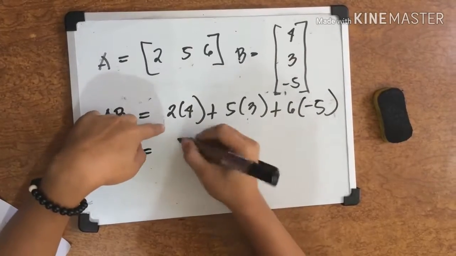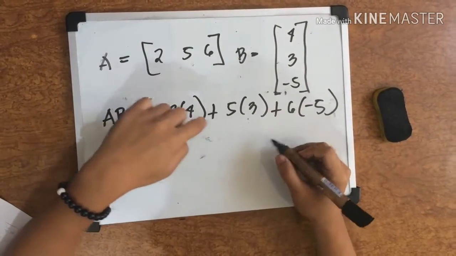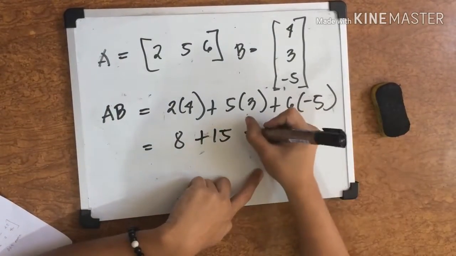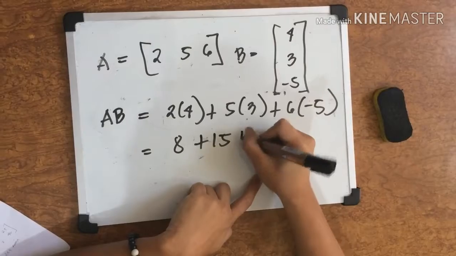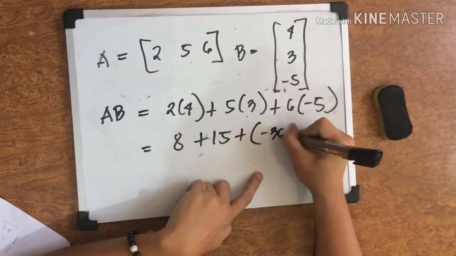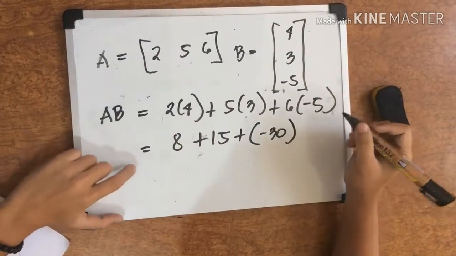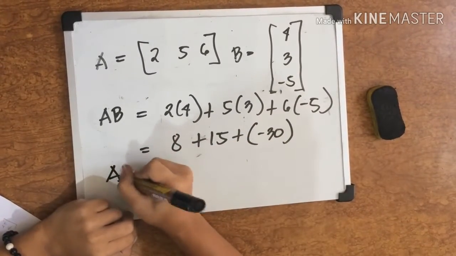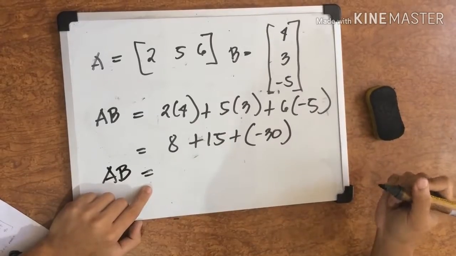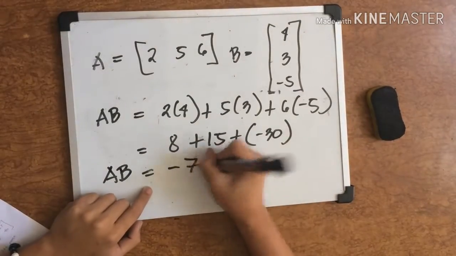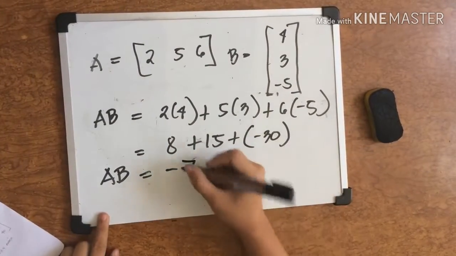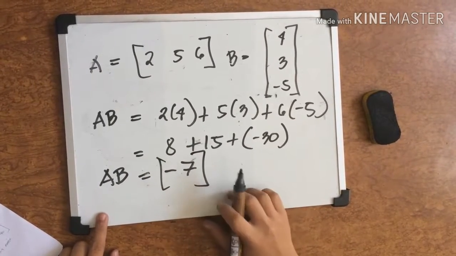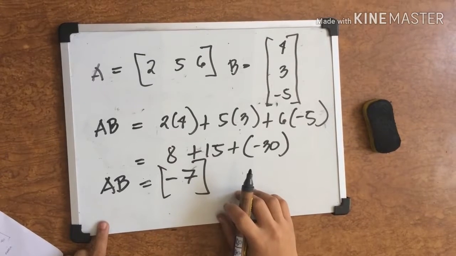So 2 times 4 we have 8, and 5 times 3 we have 15, and 6 times negative 5 we have negative 30. So 8 plus 15 minus 30 is equal to negative 7. So you can see we have a 1 by 1 order of matrix.